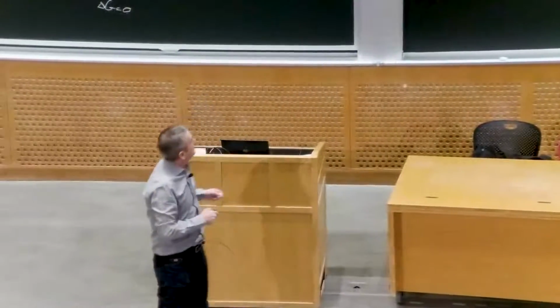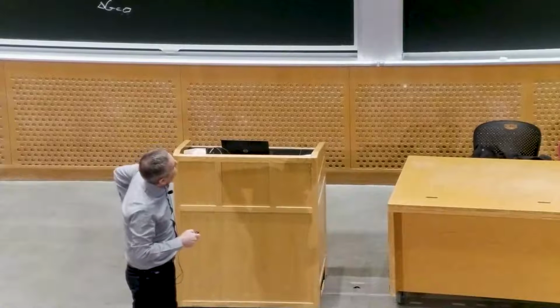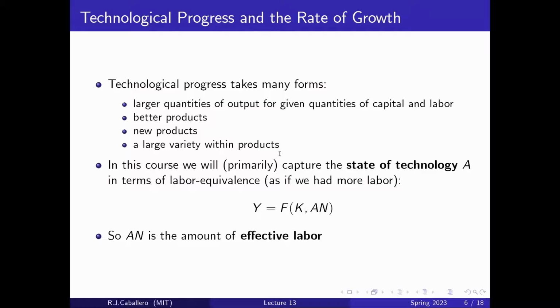Okay? So we're going to capture technology with this variable A, which we're going to model as labor equivalent. That is, if A grows, it's going to count for us as if we had more workers.